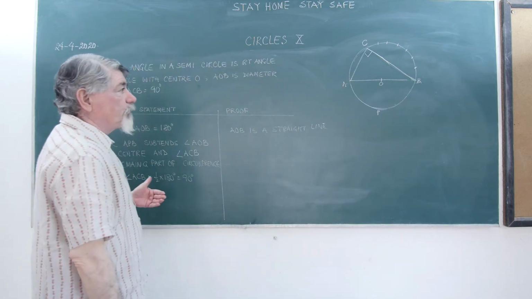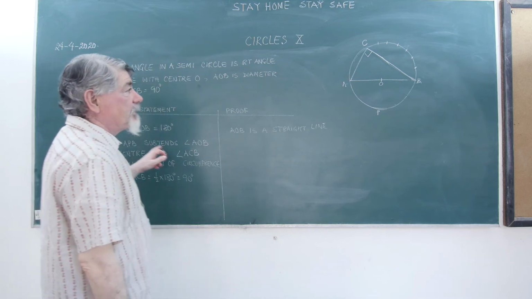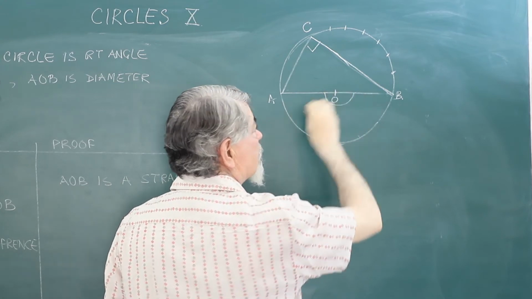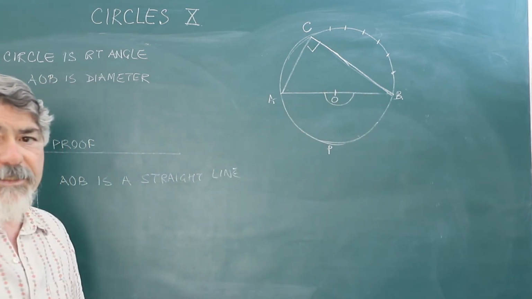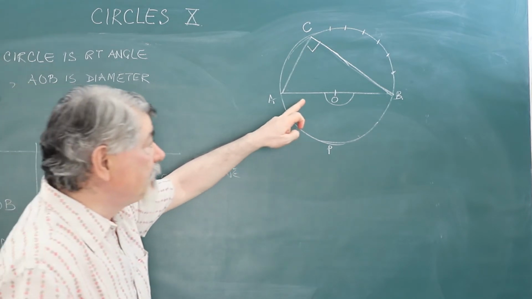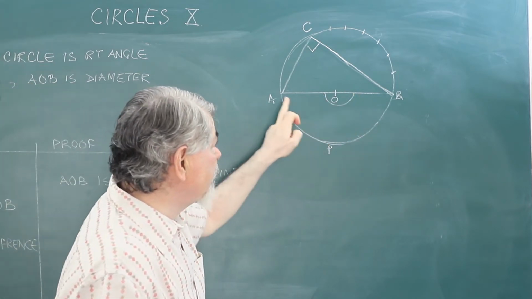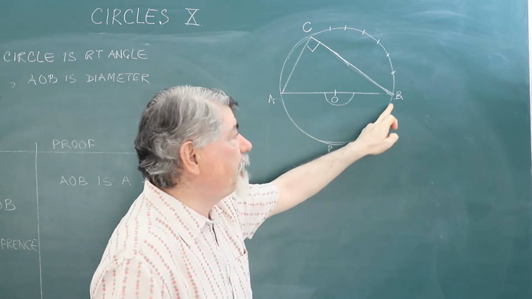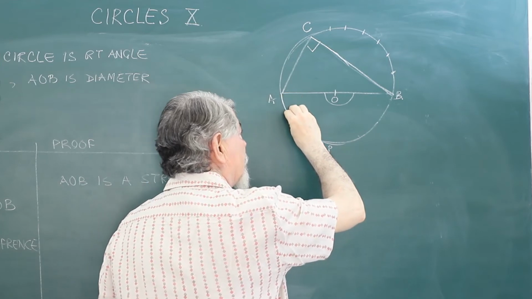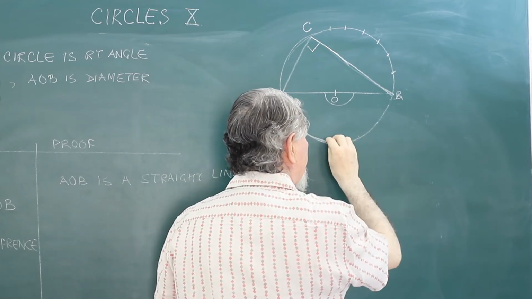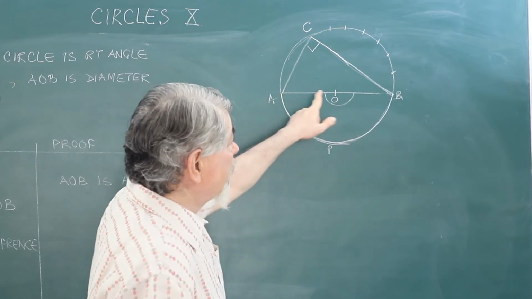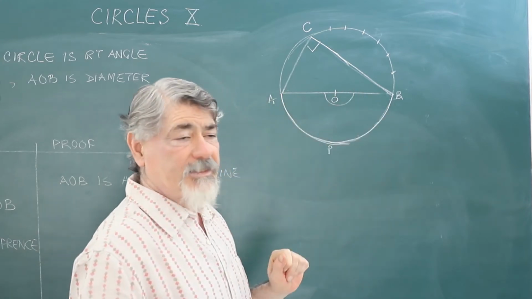The method of proving is this: angle AOB is how much? It is 180 degrees, a straight line is 180 degrees. This angle is subtended by the arc APB at the center.